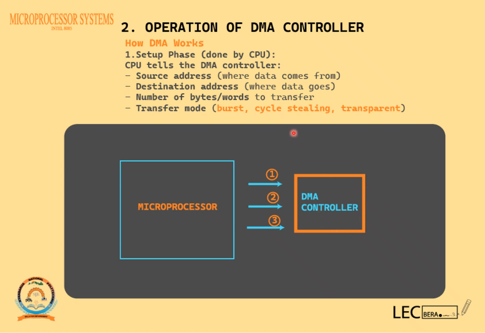And then we have cycle stealing. Cycle stealing is whereby the DMA is going to carry data in small pieces. The reason we carry data in small pieces between the DMA controller and the memory and any other devices connected to the microcomputer is that in cycle stealing mode, the microprocessor also will be using the system buses.